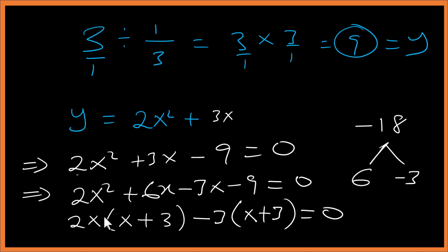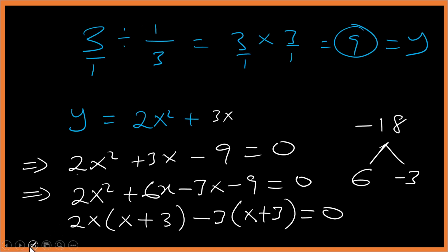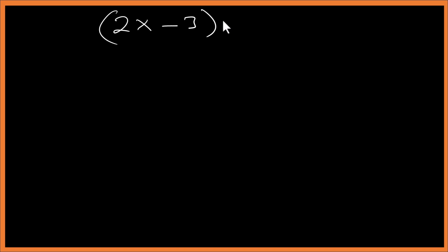Okay, so we have (2x - 3)(x + 3) equal to 0.